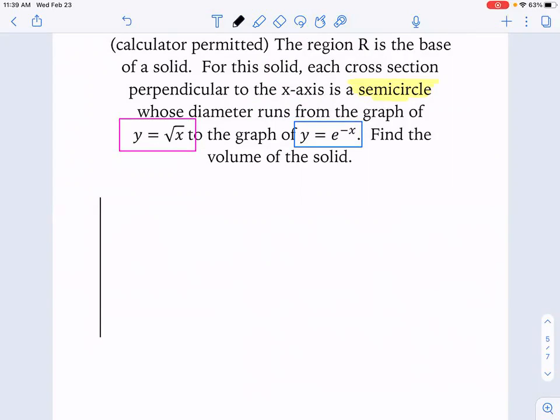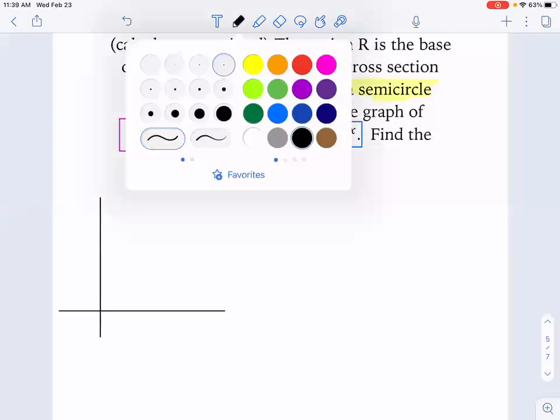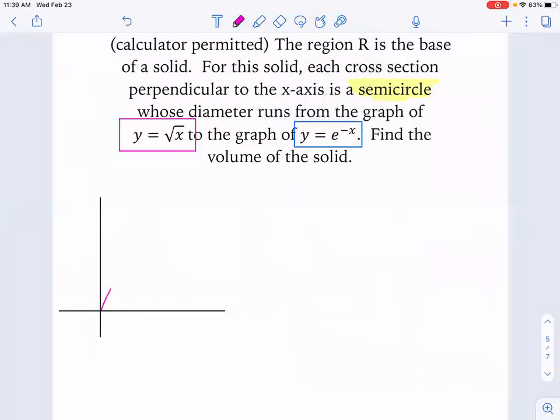Why did I write calculator permitted? Because our graph of e to the negative x, like this, right?